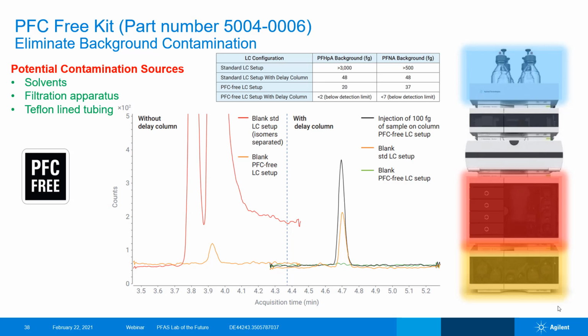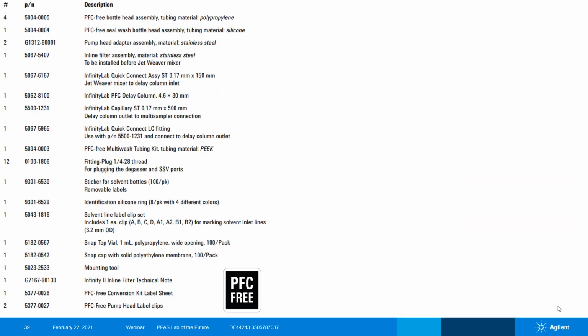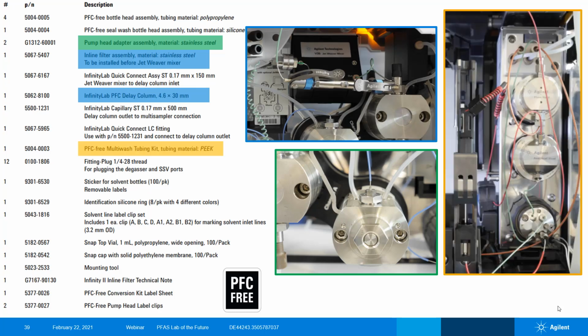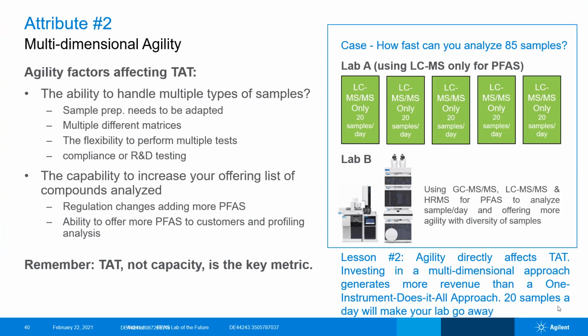So that's why designing the LC to eliminate all the potential PFAS contaminant parts like fluoropolymers is something that Agilent has already taken care of. We have a PFC free kit that is available, and it makes changes to multiple different parts. The lab of the future will make use of this to make sure there is very minimal PFAS background in your analysis.